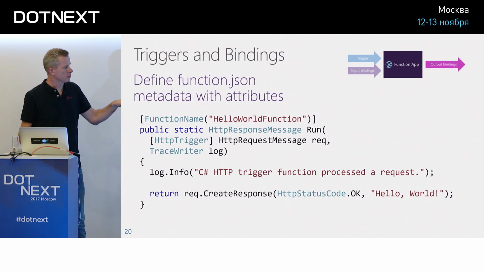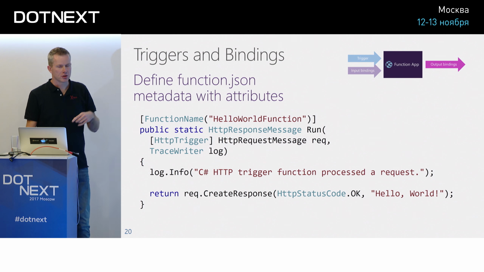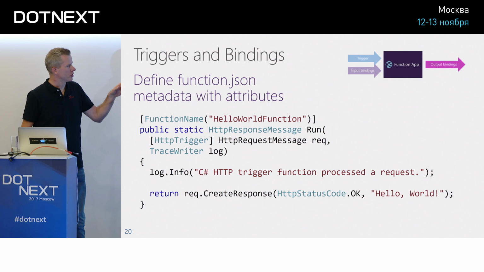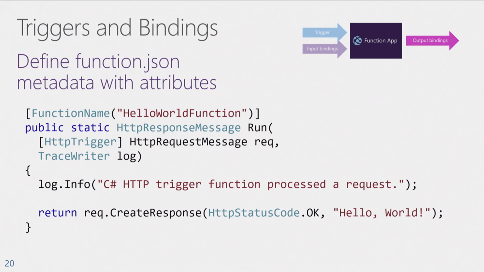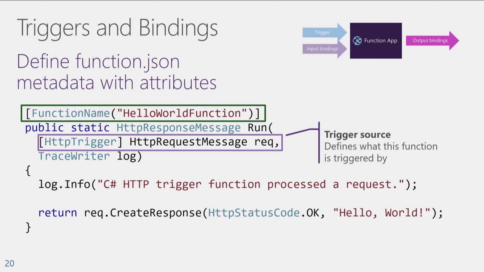If you look at your code, we saw the run method a moment ago, which received an HTTP request. But in this piece of code, there are a couple of additional things. First of all, your function needs a name, and the name is provided by an attribute. An attribute decorating your run method indicates that this is an Azure function. Then you have your HTTP trigger.